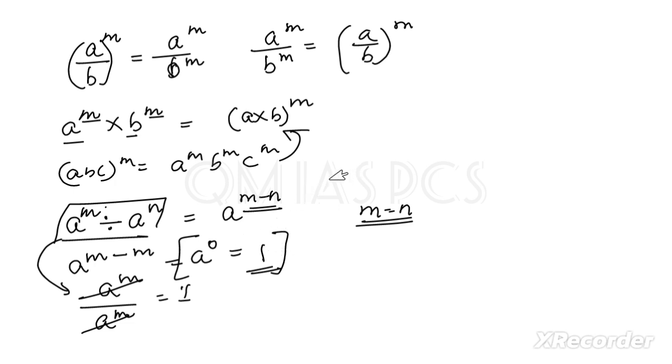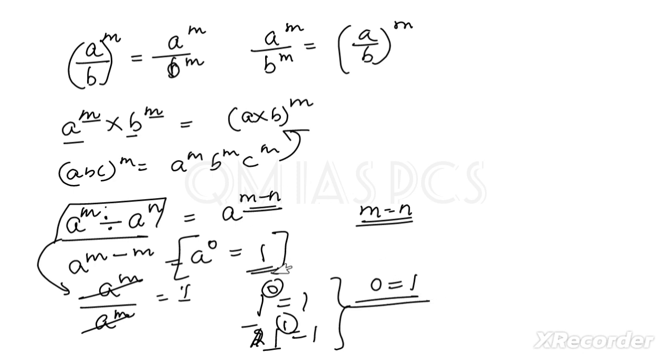The twist is: 1 to the power 0 is equal to 1, and 1 to the power 1 is equal to 1. Here the base is the same, so the powers should be the same, so 0 would be equal to 1, but no, there is an exception.